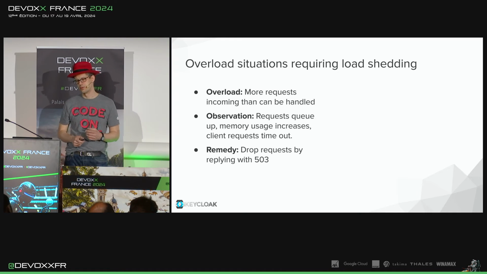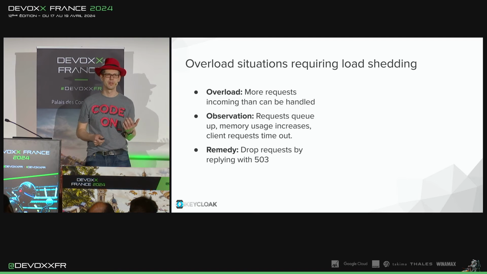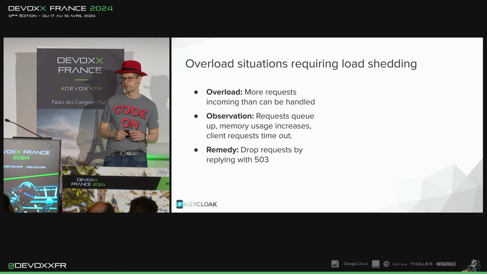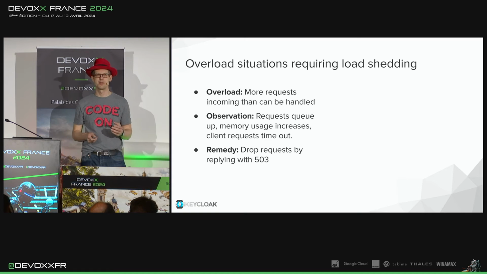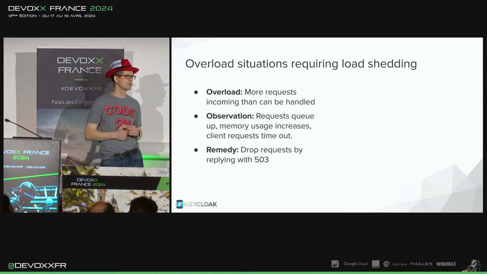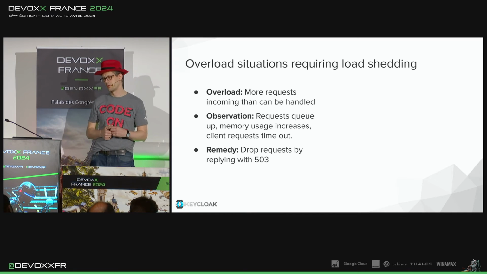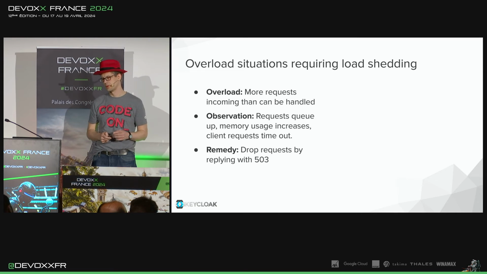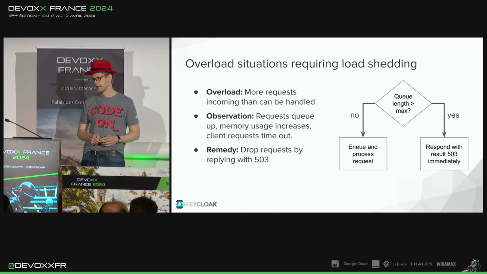The remedy is to drop those excessive requests as early as possible to provide at least a defined response to the clients. A timeout is basically the worst thing you can give to a client. Better is to give an early reply saying, oh, I can't handle this at the moment, so we are replying with a 503.